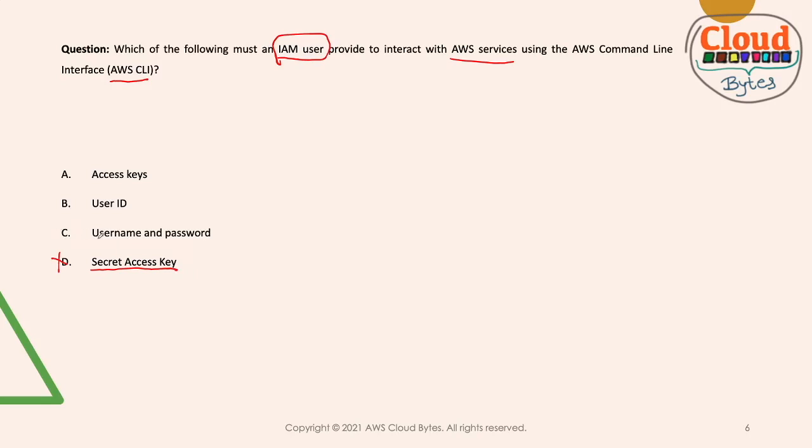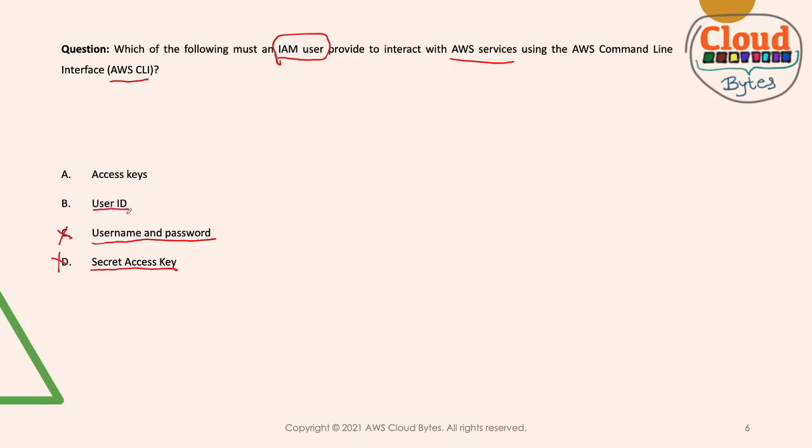The second option, option C, let's look at it, the username and password. Now, username and password is something that you use to log in to the AWS console. You cannot use username and password to programmatically connect to any service. So this particular option is not valid for this question. User ID.